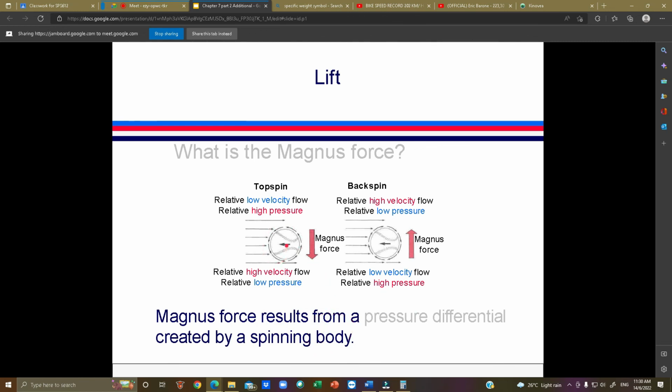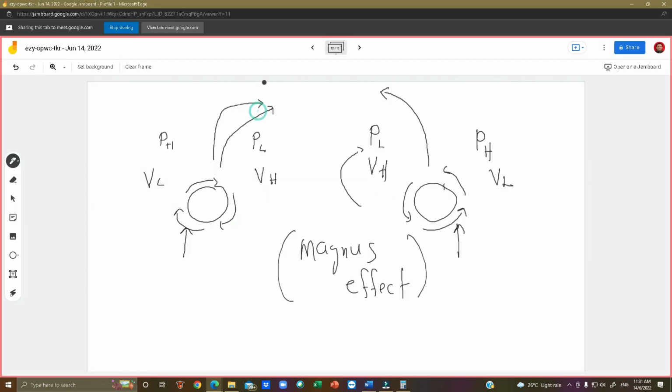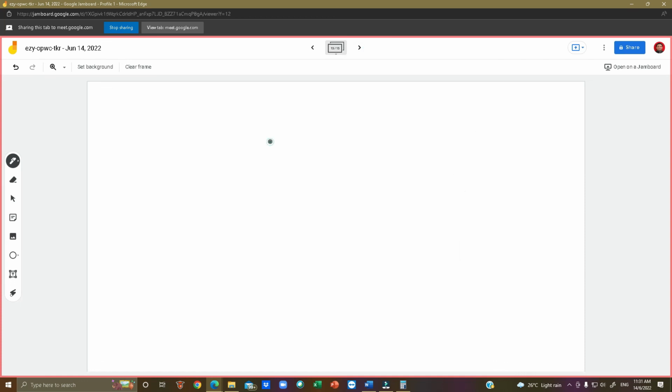So if the object that you throw does not spin, it won't get any Magnus effect. It will follow the direction of the force being applied. Bola rugby, okay, bola rugby selalu kita rotate dia kan. Bila kita toss dia forward, we tend to rotate the rugby ball.